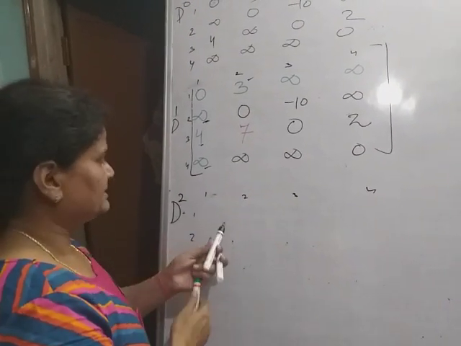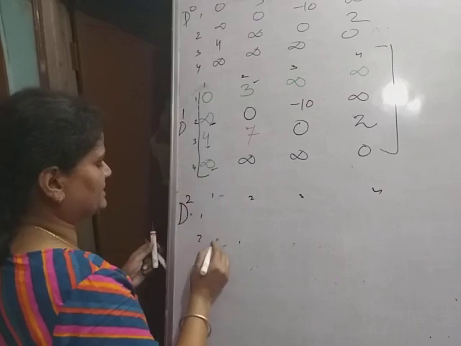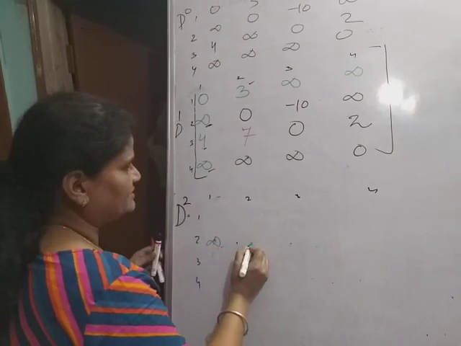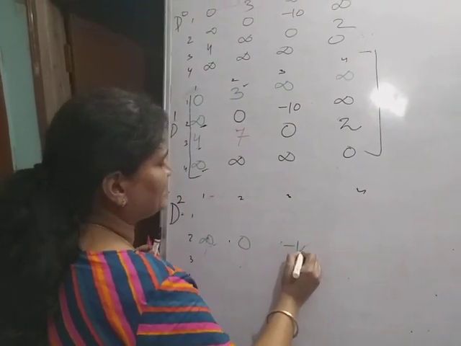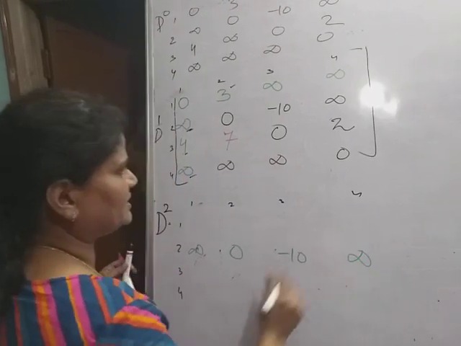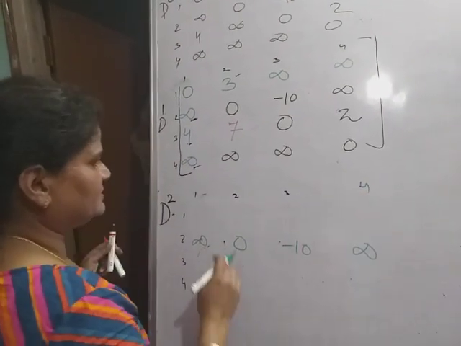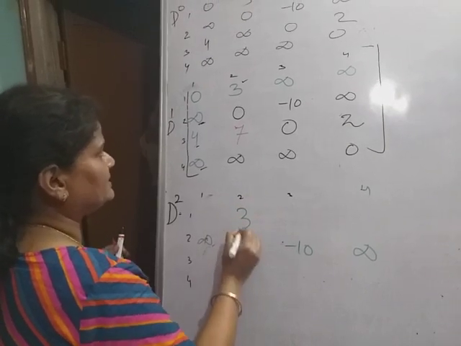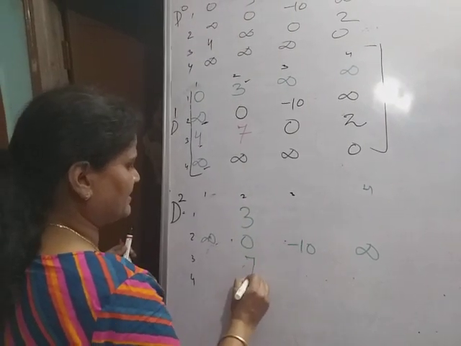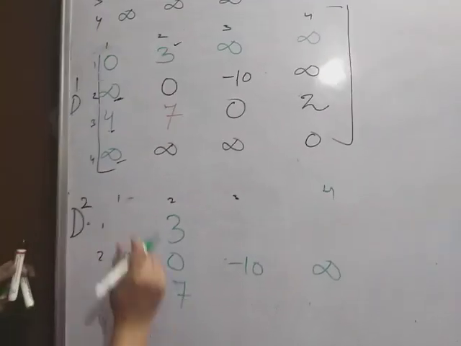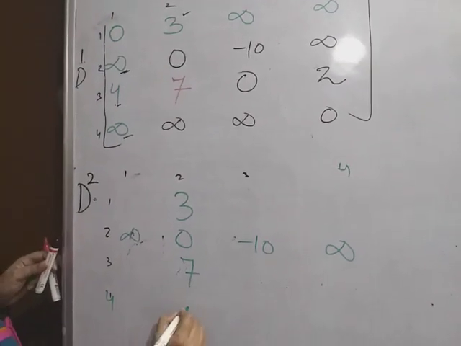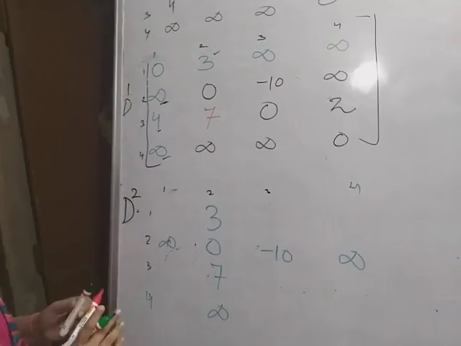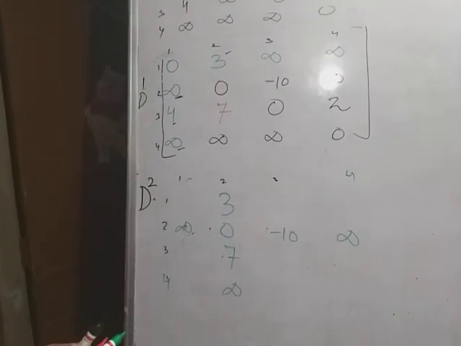So simply the second row is infinite, 0, -10, and infinite. And the second column is 3, 0, 7, and infinite.